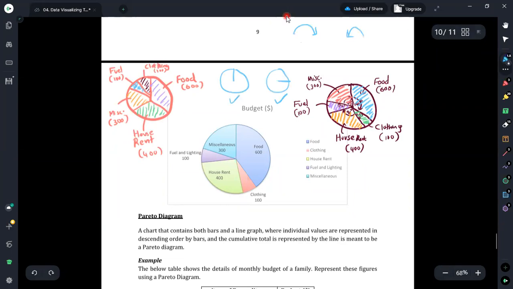It is quite okay, but we are generally using the clockwise manner to complete the pie chart. Therefore, the most appropriate method, but it is not a hard and fast rule, is starting from this 0 degree, and then we tend to use the clockwise way to construct the pie chart.